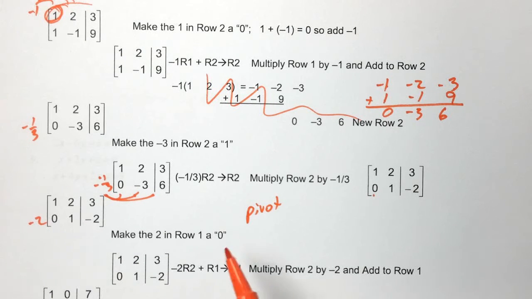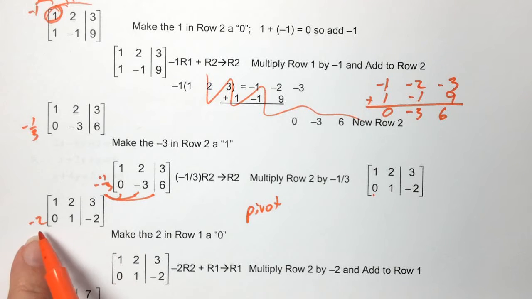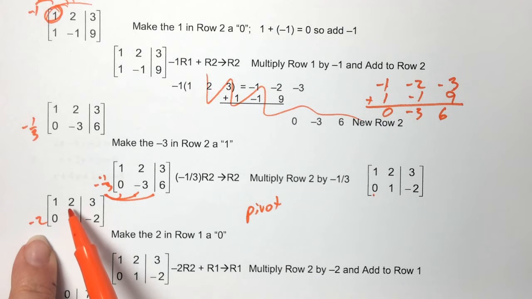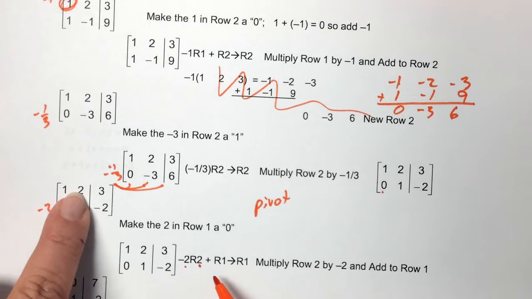Okay? All right, so notice I need to multiply this row 2, the row that had the 1 in it, by negative 2, by the opposite of whatever I'm trying to get rid of. I was trying to get rid of a 2, so I multiply my 1 row by negative 2. So negative 2 times row 2, add the result to row 1, because I'm trying to get rid of that 2 that's in row 1.